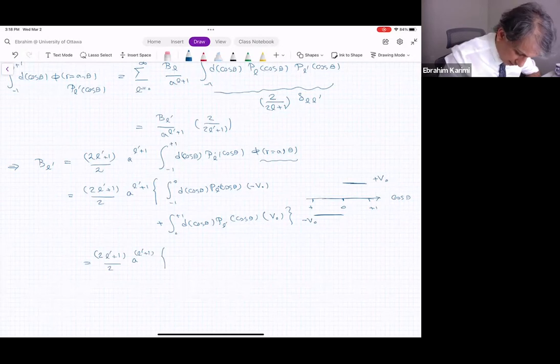So V0 factors out, and that will be a negative sign, integral of 0 to 1 of dx PL prime of minus x.